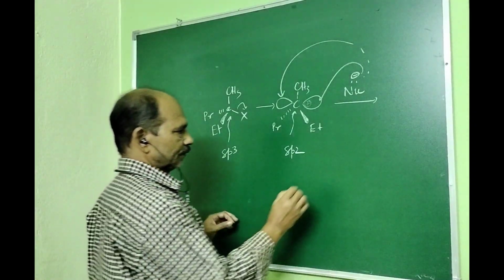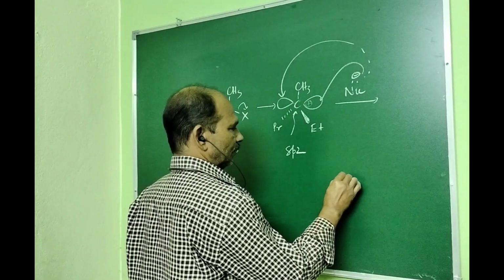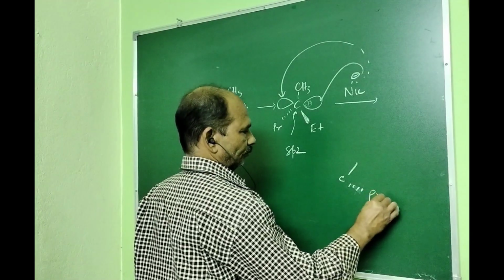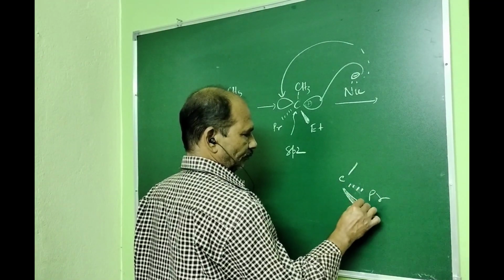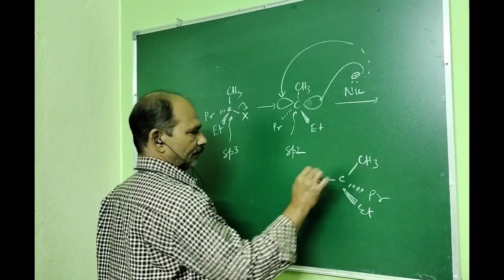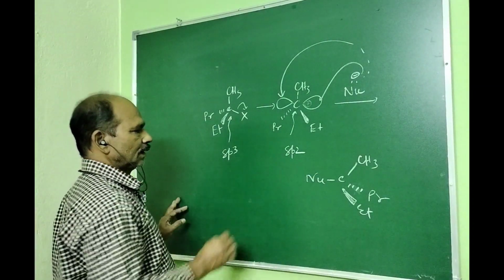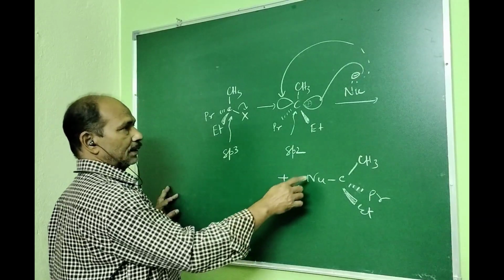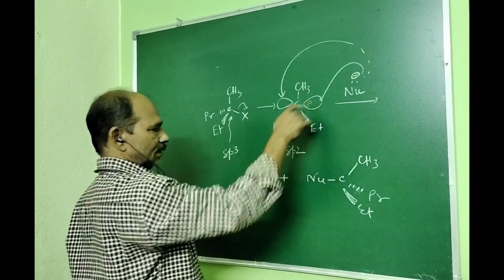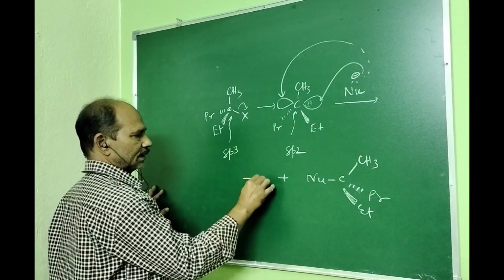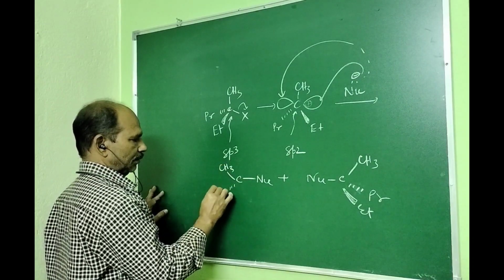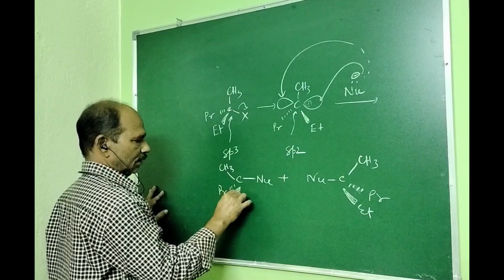So you get two products. One is this product, where the nucleophile attacks from this side, and if it attacks from the other side, we get another product, where the nucleophile will be here, this will be the propyl group and this will be the ethyl group.